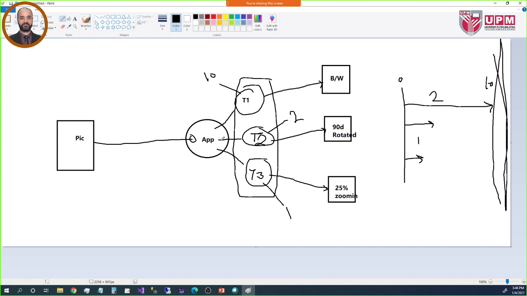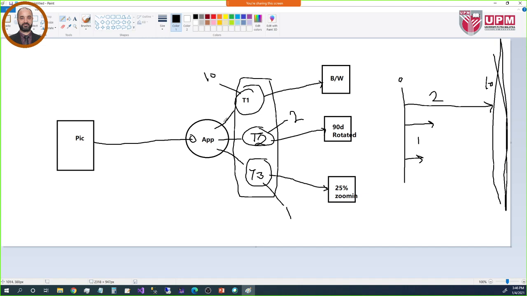Also, if we have a multi-core processor, for example 4 cores, then task 1 could be run on core number 1, task 2 on core number 2, and so on. Anyway, whatever kind of architecture we have, the important thing is that we have hardware that supports really parallel processing.